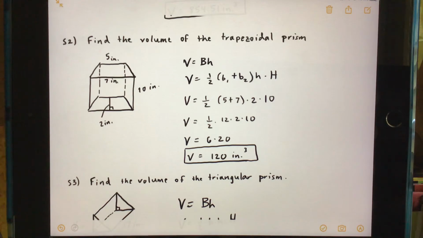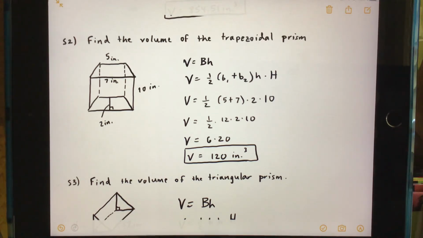So I'm distinguishing between little h, the height of the trapezoid, and big H, which is the distance between the bases. Plugging in my numbers, I would have volume is equal to 1/2 times 5 plus 7. Those are my bases. You can either add 5 plus 7 or 7 plus 5. It doesn't matter what order you add those in, because the commutative property of addition tells you that you'll get the same result no matter which way you add any two numbers.